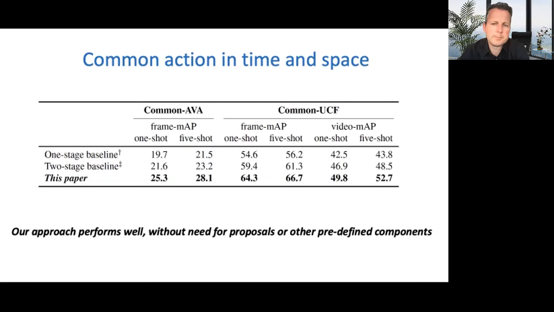And our few-shot transformer obtains favorable results on both the 1 and the 5-shot setting across both datasets, so for as well Common AVA as Common UCF. And what is more, we do not need any proposals or other predefined components. So this is completely end-to-end.